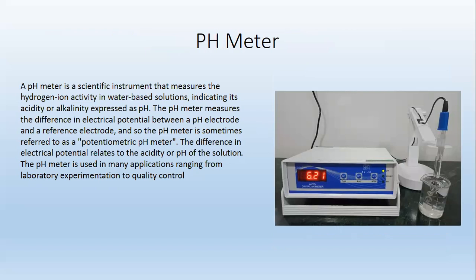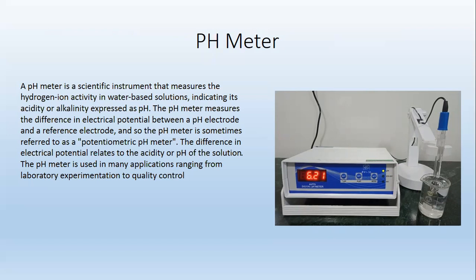A pH meter is a scientific instrument that measures the hydrogen ion activity in water-based solution, indicating its acidity or alkalinity expressed as pH. The pH meter measures the difference in electrical potential between a pH electrode and a reference electrode, and so the pH meter is sometimes referred to as a potentiometric pH meter.